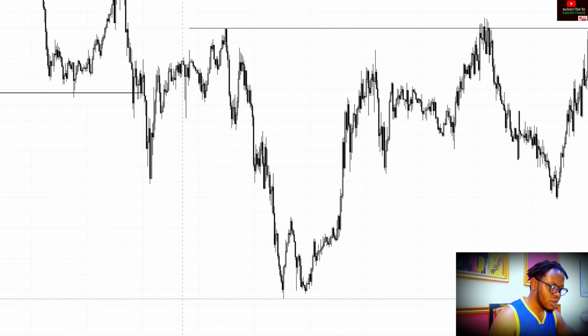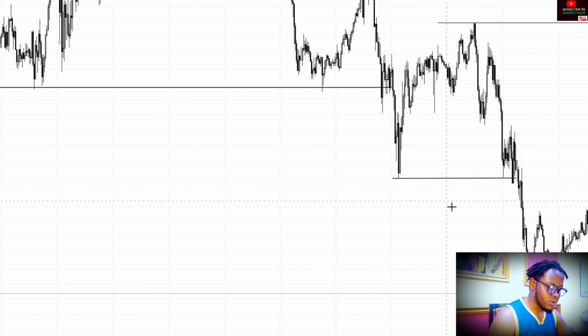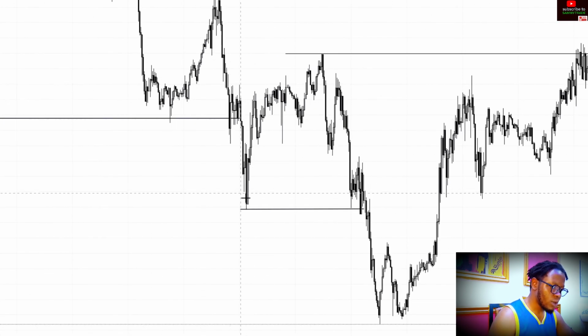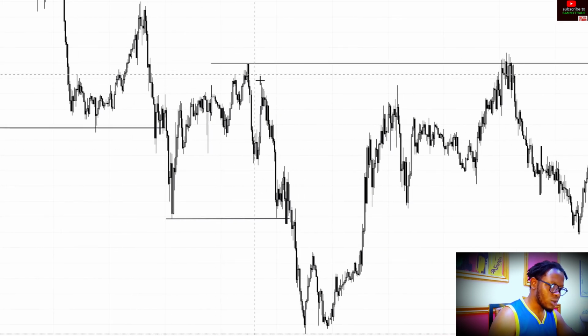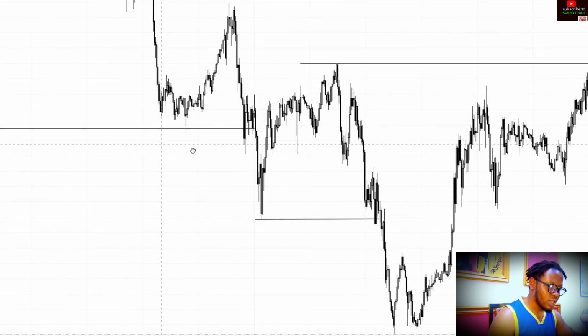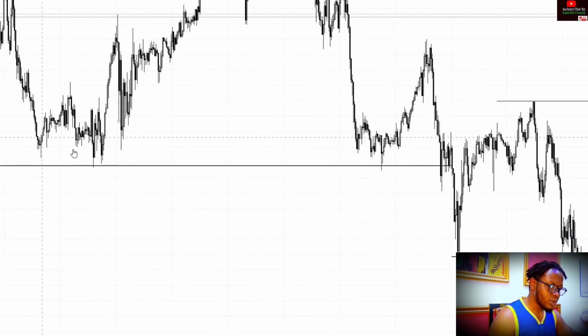There's a break of structure here because after price broke past that first lower low, it gave us this lower low also, and went up to this point. There's a supply zone here that is causing this break of structure that broke past this last lower low.